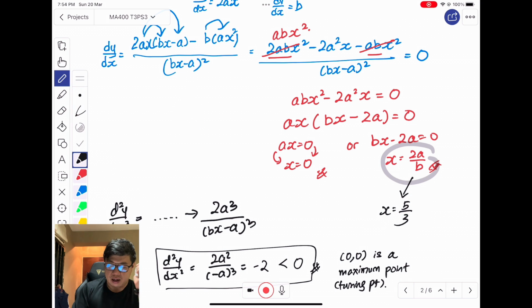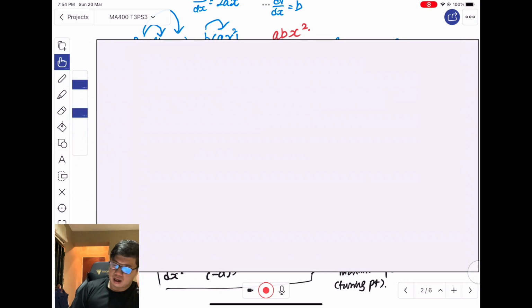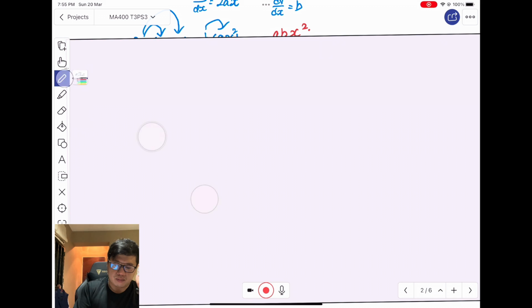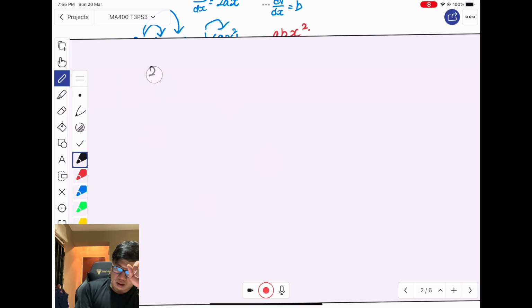So 2a over b, the other stationary point, is equal to 5/3. Simplifying this gives you 5b equals to 6a, cross multiply, and b equals to 6a over 5.